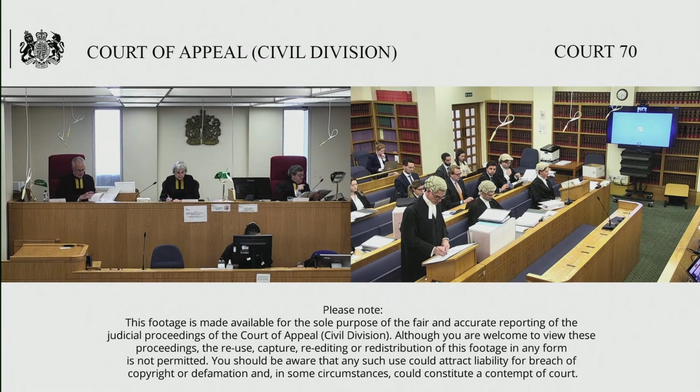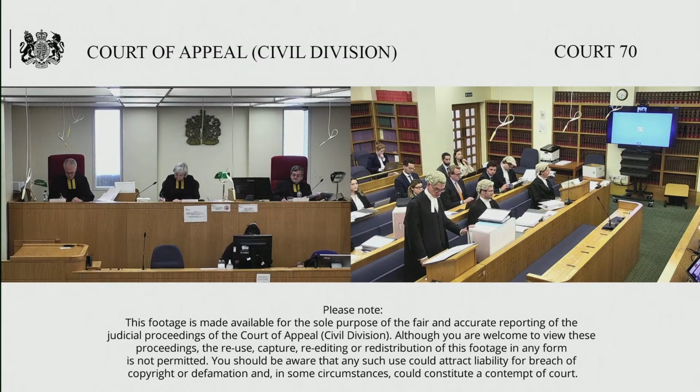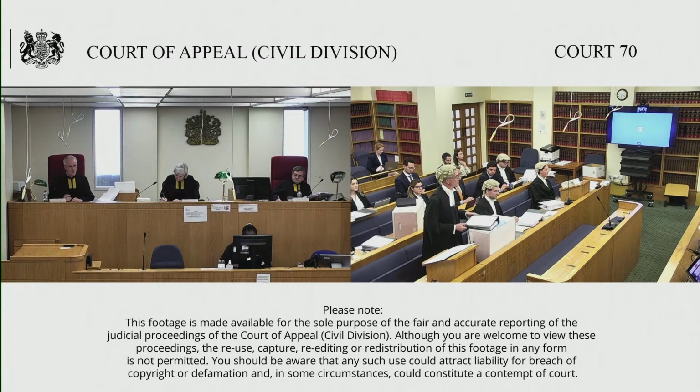My submission on it is essentially that once one crosses, in this case, the threshold of saying that there was potentially jurisdiction, there's nothing that has been said which amounts to or comes close to saying that the judge made any error of principle in relation to that. Which is, of course, in this court, the relevant question.